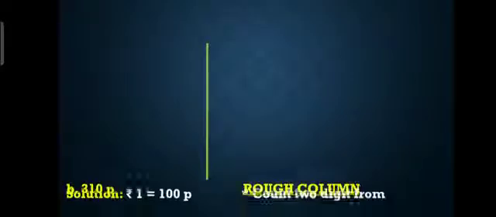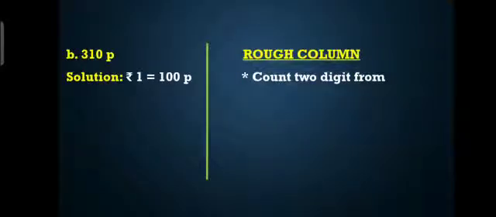Let's understand with one more example. Children, here we have 310 paise. As we know, 1 rupee is equal to 100 paise. Similarly, 1 paise is equal to 1 upon 100 rupees. So, children, when we are converting a smaller to bigger unit, simply divide by 100.